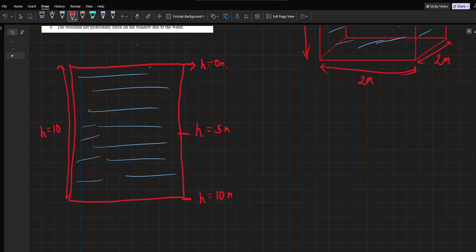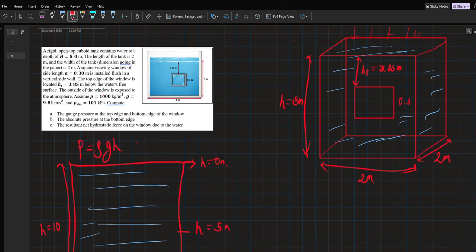So to find the pressure at any height, the formula is: the hydrostatic pressure due to the water is rho g h. Rho is the density of water, which is constant, already given. g is also constant, the acceleration due to gravity. The only thing which changes is h.